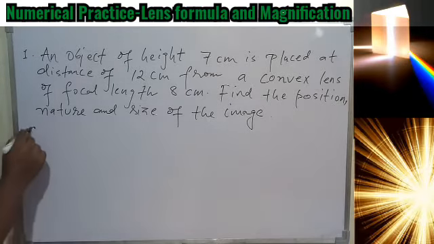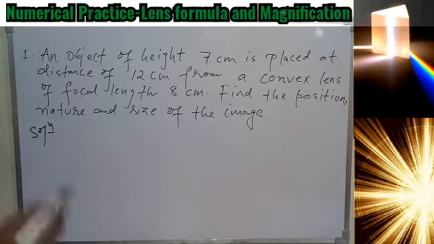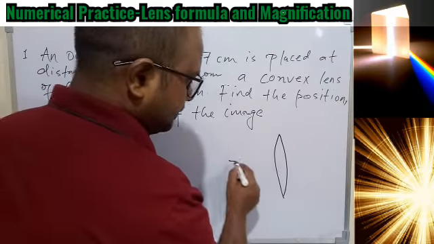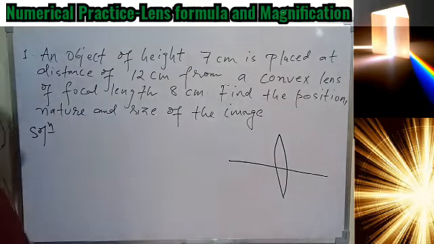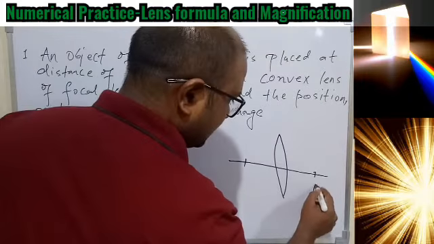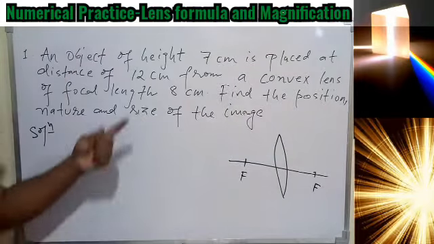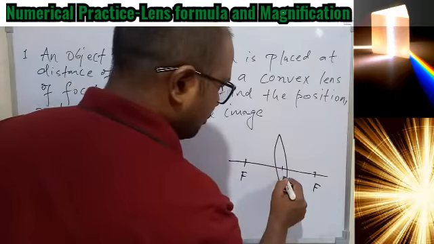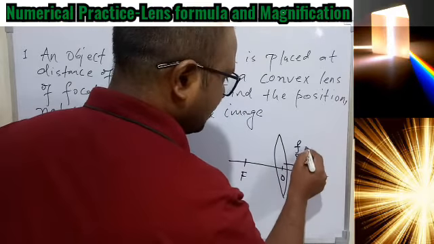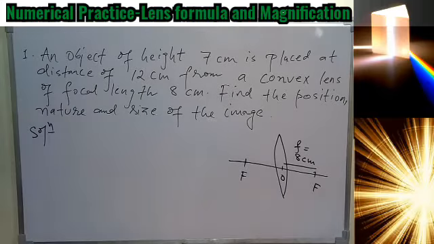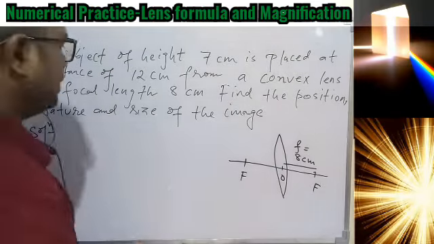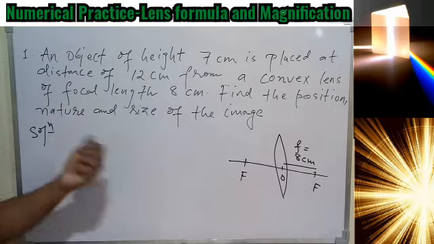So very first, roughly we can say, if we are given a convex lens here, and this convex lens has a focal length of how much? 8 cm. So we can say this is optical center and this must be 8 cm, that is the focal length is given to us, and also given the height of the object is 7 cm, and that is placed at a distance of 12.